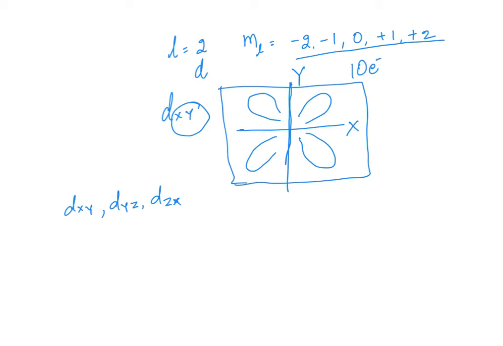And then there are 2 other orbitals which are dx squared minus y squared. This comes along the x and y axes. And then there is dz squared, which comes along the z-axis, but it looks a little bit different than the other 3.